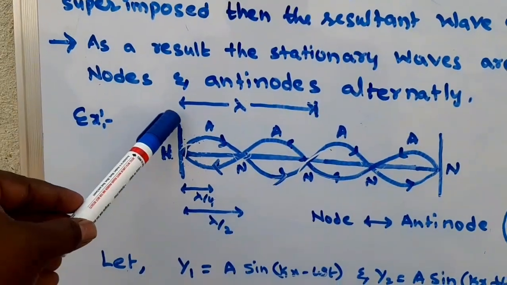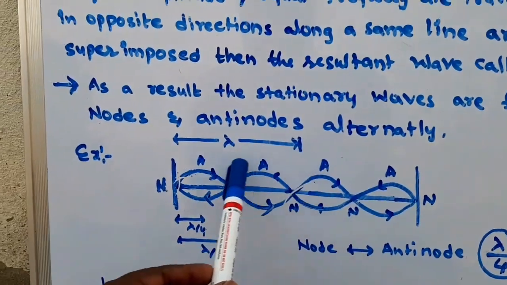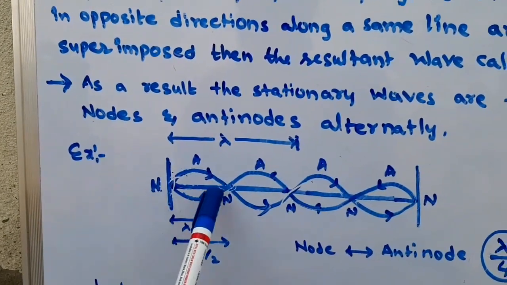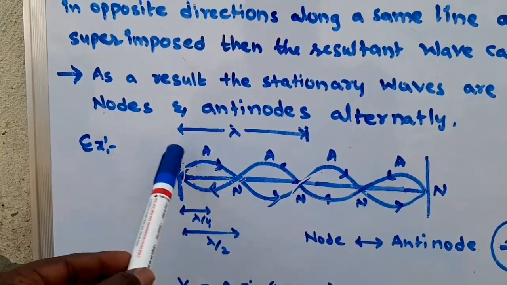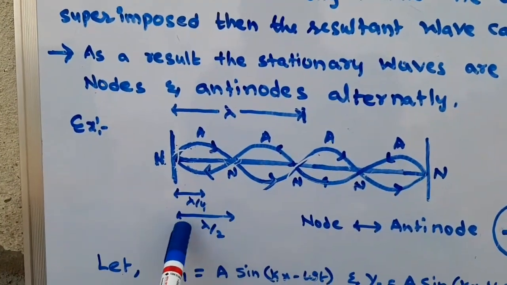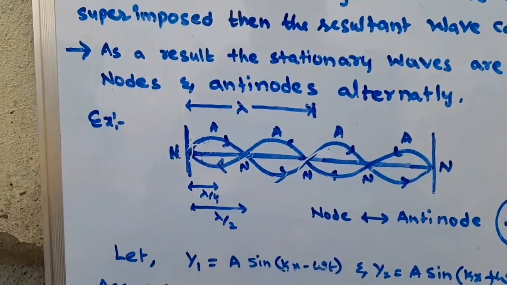I wrote it here clearly. A complete wave has a distance equal to lambda, but half of the wave is called one loop. So the loop distance is lambda by 2, and half of a loop is lambda by 4.